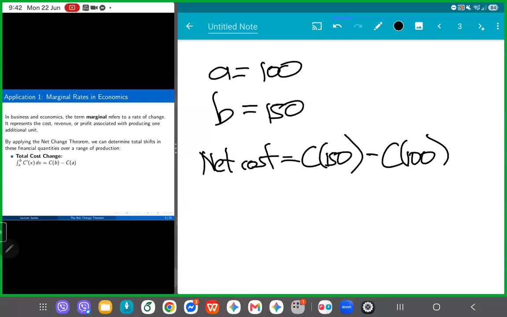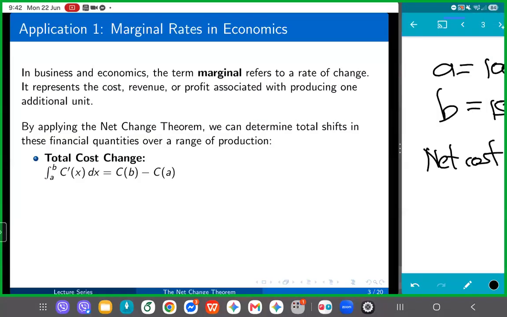Now, the fundamental theorem allows us to calculate the net cost if we know the marginal, given here on the left side of the screen, that the integral of the marginal cost is the net cost, okay? The change in the cost.